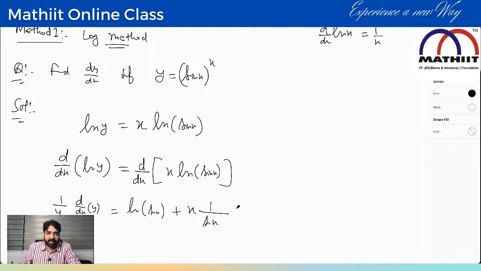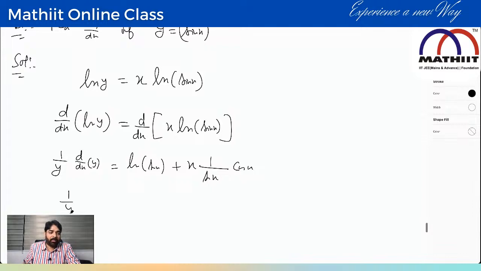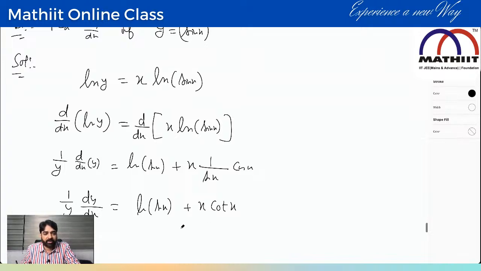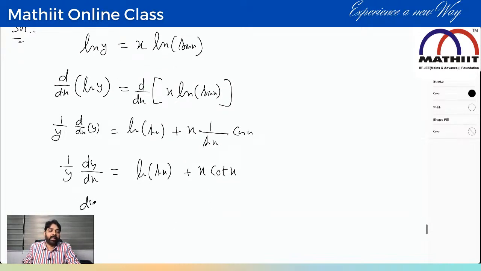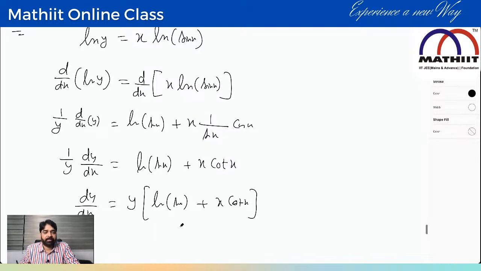Something is sin x, and its differentiation is cos x. So 1 by y dy by dx is equal to ln sin x plus x cos x by sin x, which is x cot x. I hope I am doing it correctly. Yes. So dy by dx will be equal to y into ln sin x plus x cot x, if I'm not making any calculation mistake.